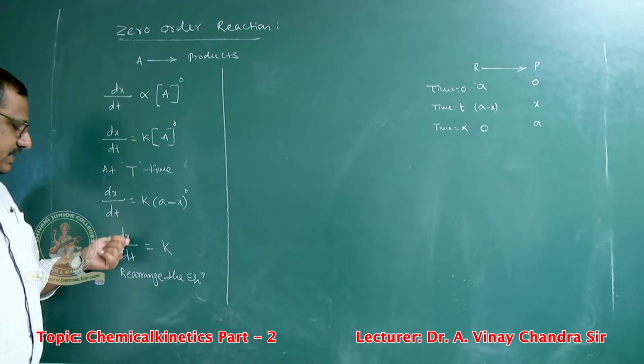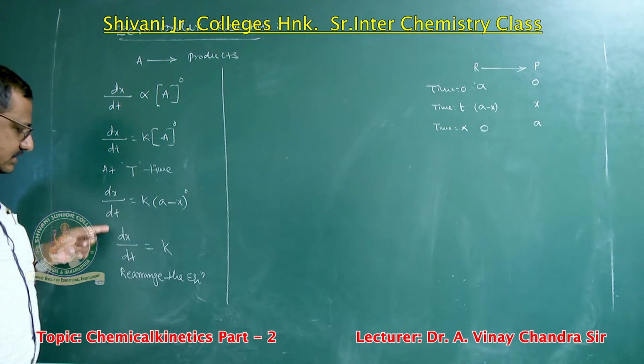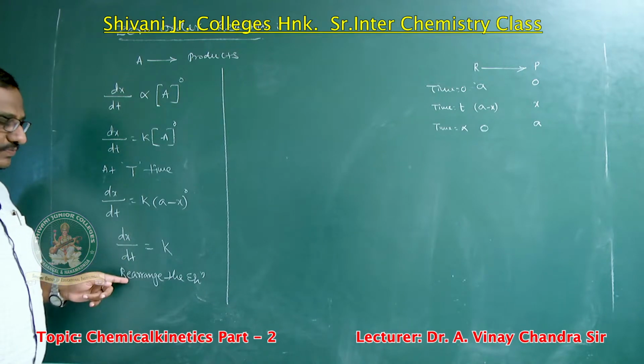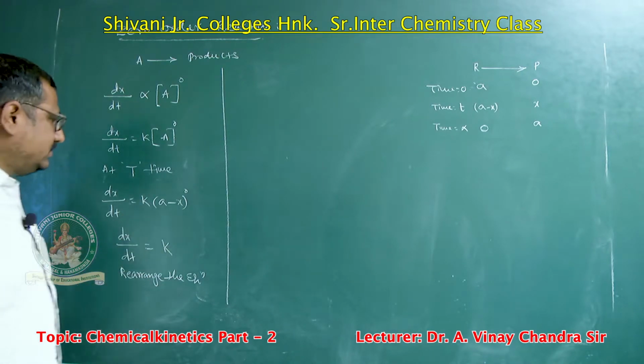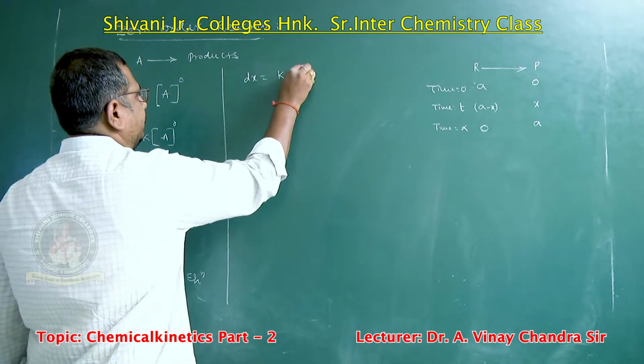So dx by dt is equal to K. We have to rearrange the equation. x belongs to concentration, t belongs to time. Moving the time factor to the other side, dx is equal to K into dt.